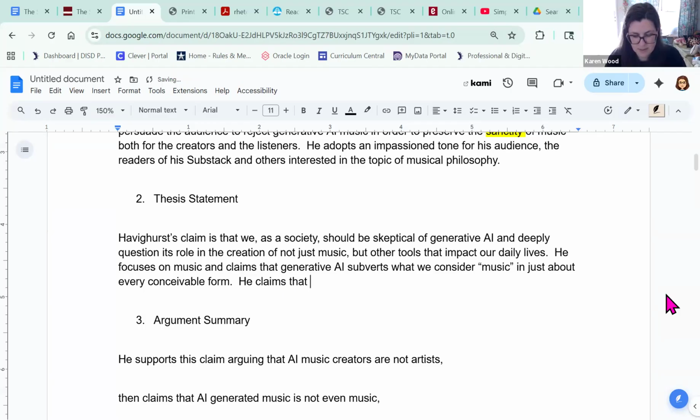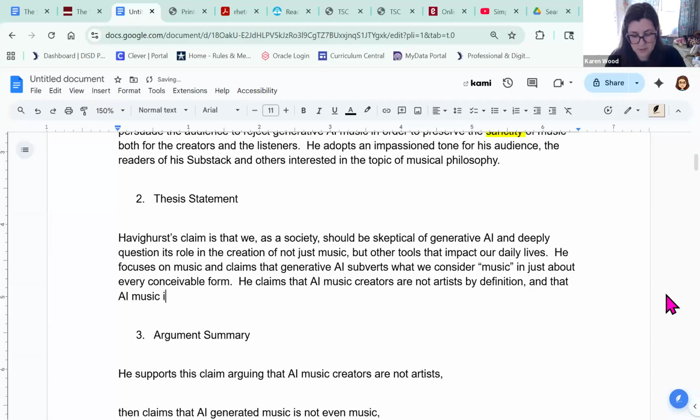He claims that AI music creators are not artists by definition, and that AI music is not music by definition.